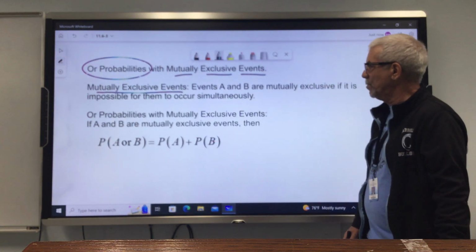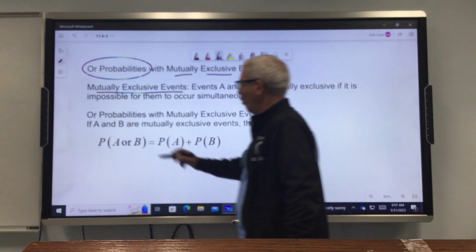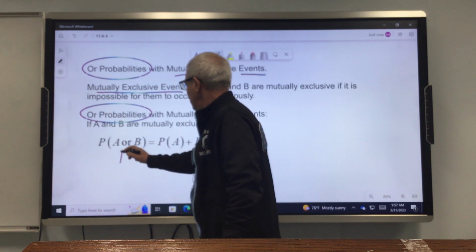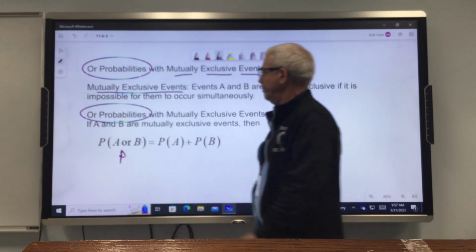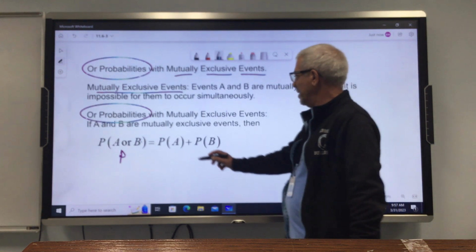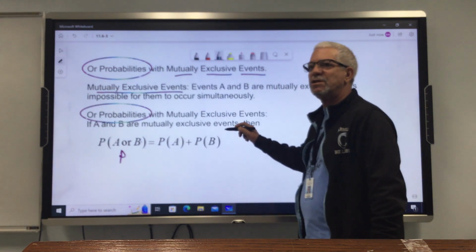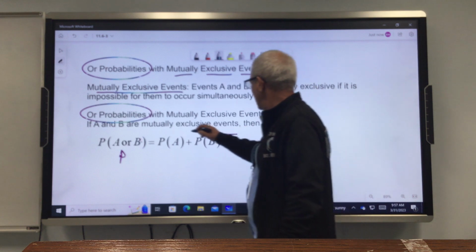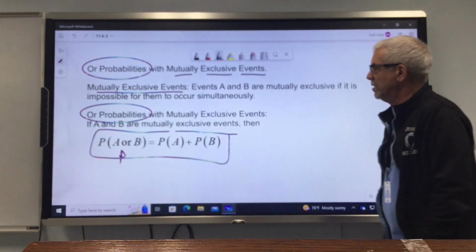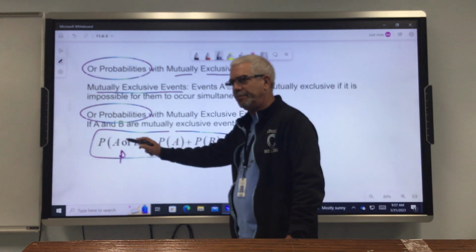And when they are mutually exclusive, the formula that we have for "or" probabilities is this one. P(A or B), remember that "or" is union, is equal to P(A) plus P(B). This is the formula that we are going to use when they are mutually exclusive and when it's "or".